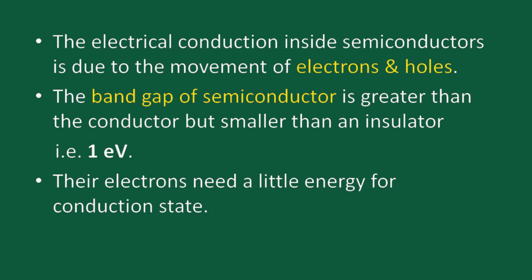The electrical conduction inside semiconductors is due to the movement of electrons and holes. The band gap of a semiconductor is greater than the conductor but smaller than an insulator, that is 1 electron volt. Their electrons need a little energy for the conduction state.